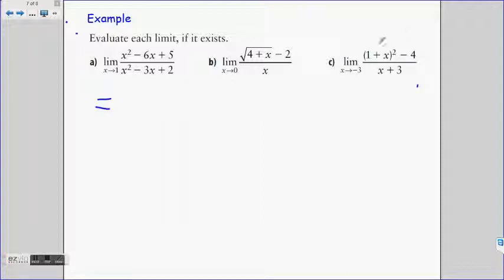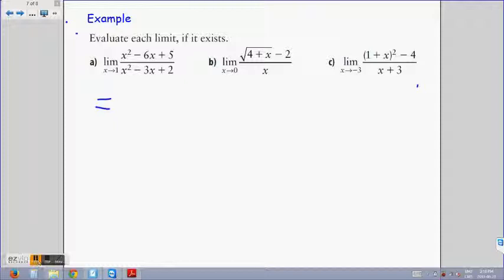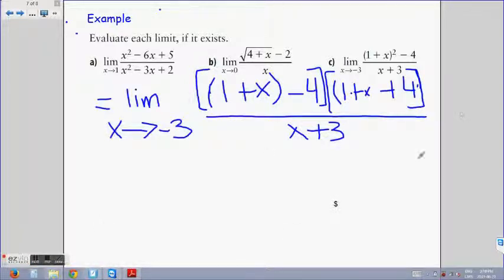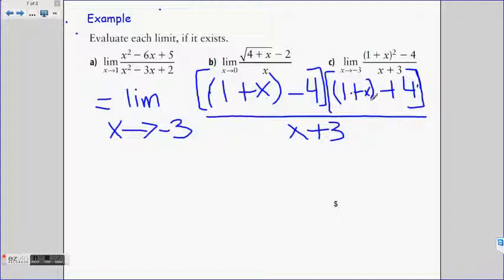So if I see a difference of squares, I immediately want to factor it. So let's just do that. All I've done here is expanded the numerator, and remember it's a difference of squares, so we've got both the terms, and there should be a little bracket here, separated by a negative sign, and then over here the second part is positive.